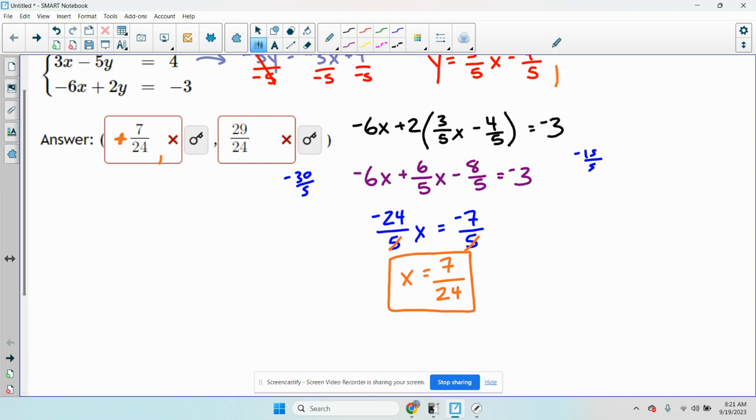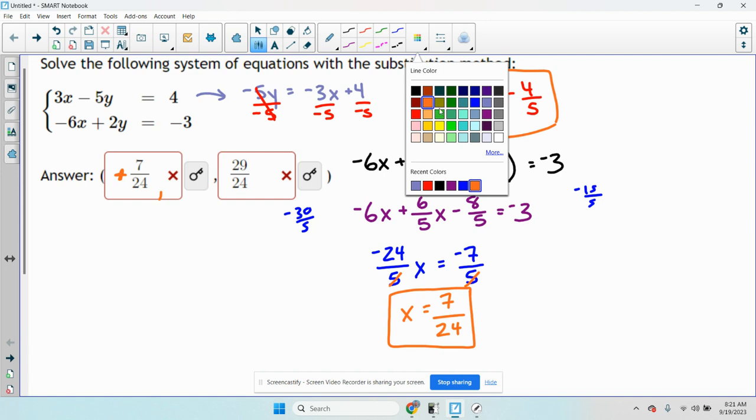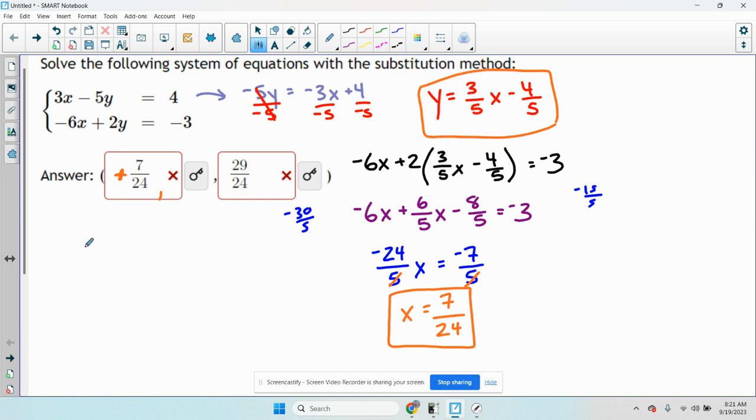So I'm going to use this equation I have up here that relates x and y. So y equals 3/5 times 7/24 minus 4/5. This reduces to 1 over 8.